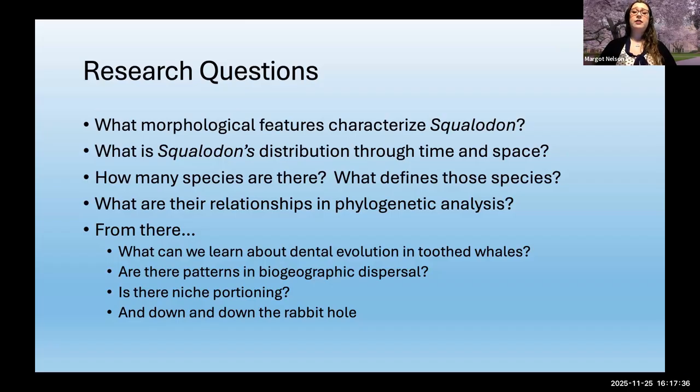Is there niche partitioning? We find multiple species of Squalodon in the same formation. Is there some sort of time element here? Is there division of niches? And from there, we can go down the rabbit hole of functional morphology and stuff like that.